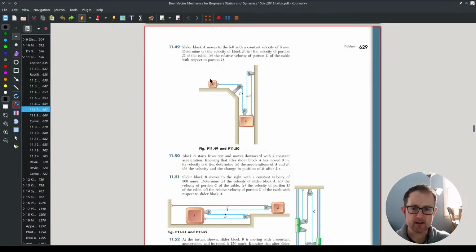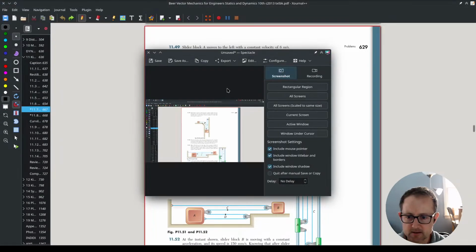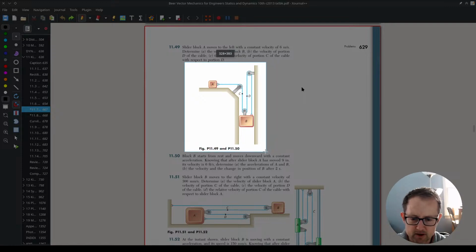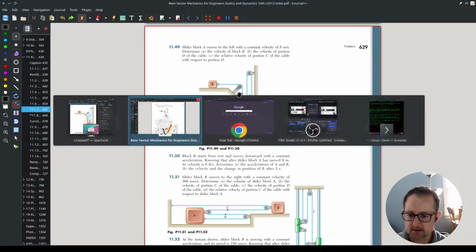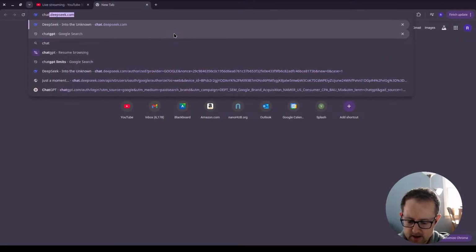I'll try to give it a picture of this pulley system and then give it some information. Let me grab the screenshot. Usually I don't like screenshots, but that's all right. Let's copy this and come over to ChatGPT.